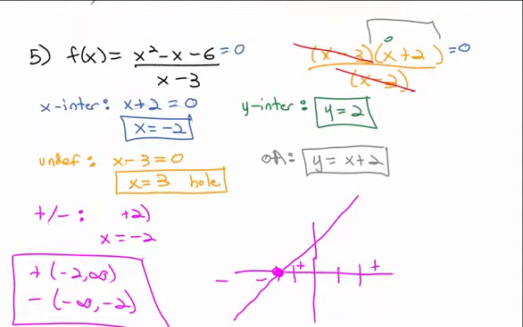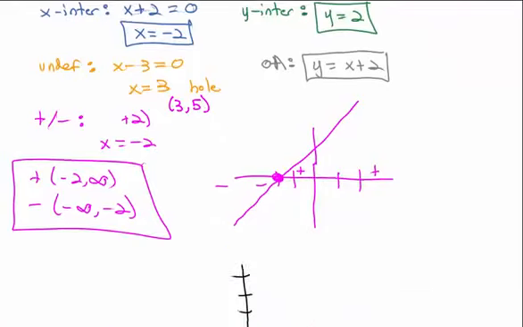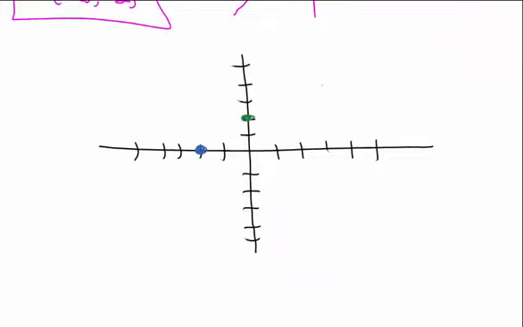The way we're going to find where that hole is, we're going to plug that 3 into the remaining stuff. 3 plus 2? 3 plus 2 is 5. So at 3 comma 5, there's going to be a hole in the graph, and it should be orange. I'm using the wrong color.